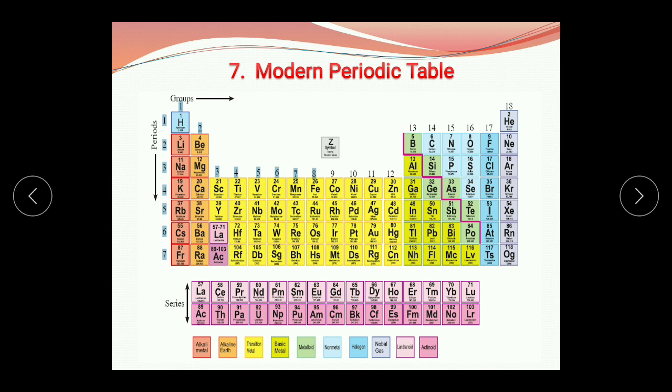That means the positive charge of the nucleus gets distributed among these inner electrons, and hence the actual nuclear charge experienced by the electrons in the valence shell is very less. Thus, these are the main factors, effective nuclear charge and shielding effect, which show periodicity.